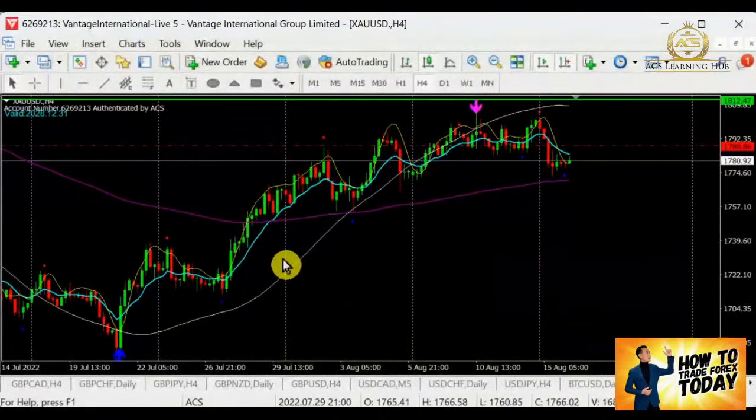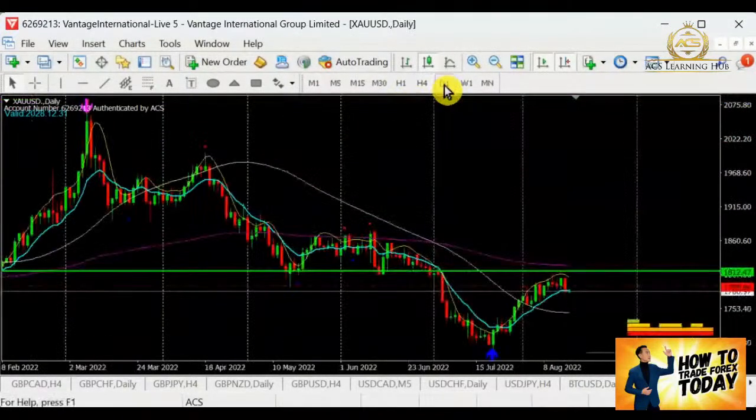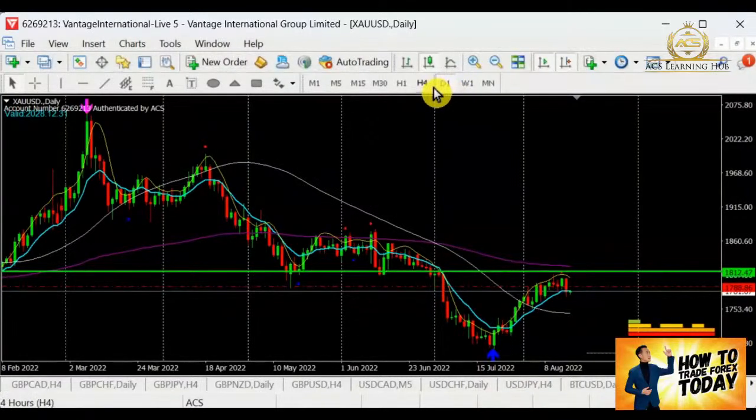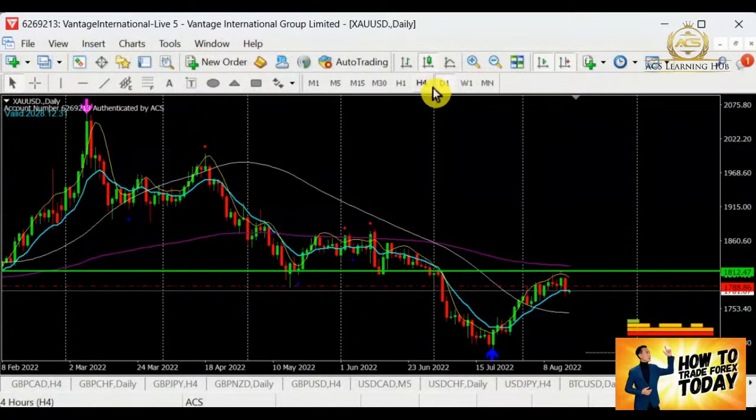As for gold, right now by looking at this gold, we are looking for 1812. The price 1812. Tentatively, it's actually trading below 1788. So by looking at this today, we are still on the buy side.